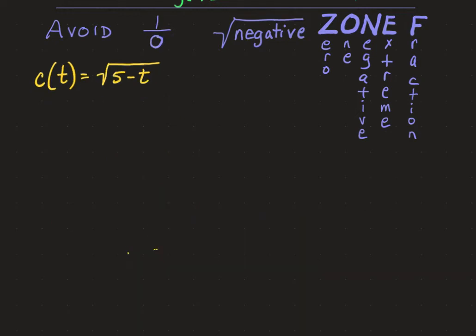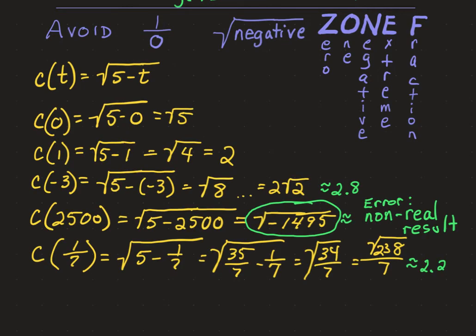All right, pause the video and see if you can analyze the function c of t equals square root of 5 minus t and determine its domain and range. Some of you may have gone through the zone F numbers, and if you did, here's what happened. Now at this point in the course, I don't expect you to be able to do all of the manipulation of radicals that we're going to do later.